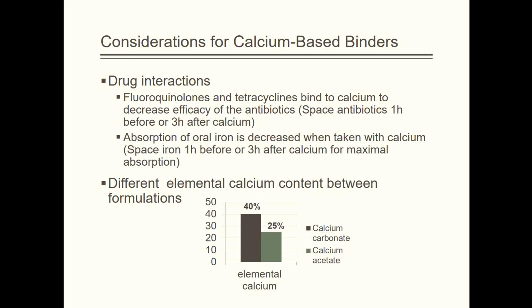So depending on your patient, if the patient is having hypocalcemia, you would probably choose calcium carbonate. Whereas if the patient has insurance problem and has borderline hypercalcemia, you would probably choose calcium acetate over calcium carbonate or sevelamer, which is more expensive option.